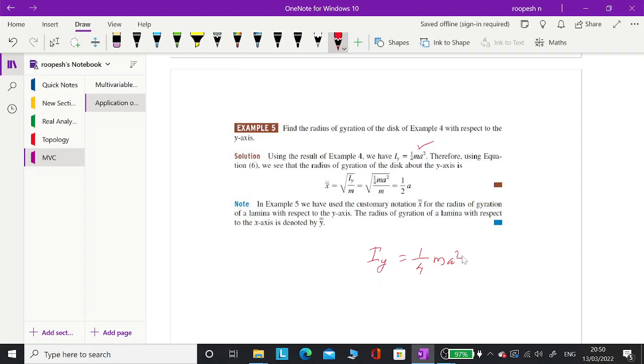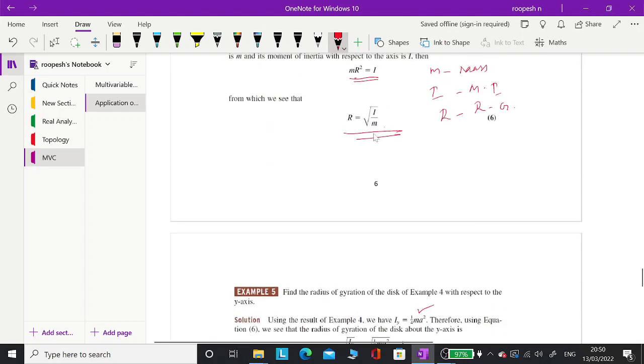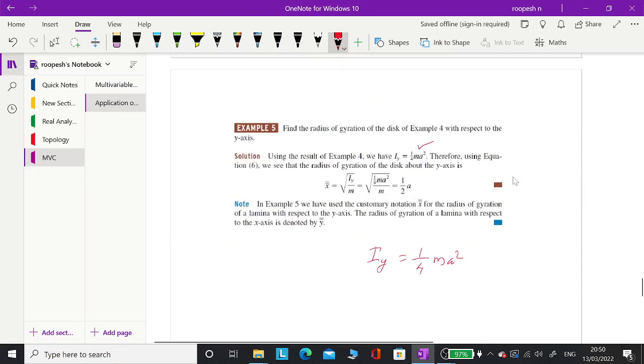Therefore, using equation 6, the radius of gyration, R equals square root of Iy by M. From the y-axis only they are asking, so we want to find the moment of inertia about the y-axis. So x bar is equal to the square root of Iy by M, that is the square root of 1 by 4 M A square by M. So we'll get that it is 1 by 2 A.